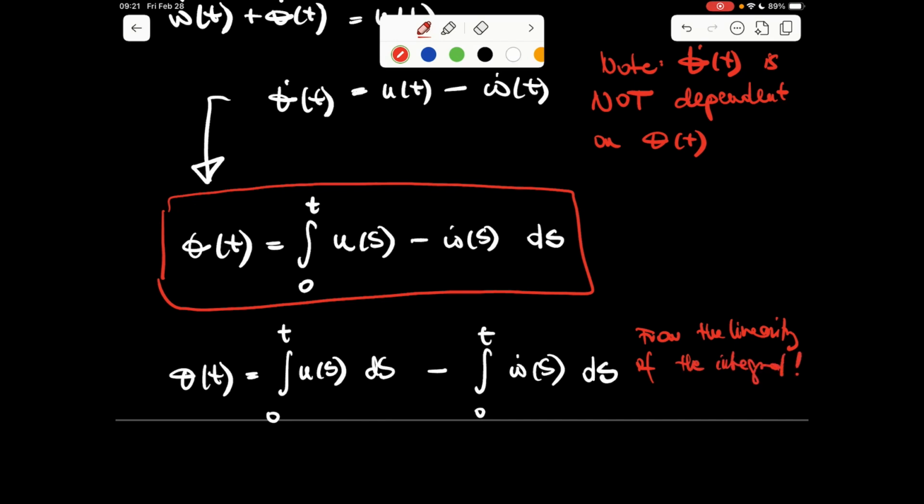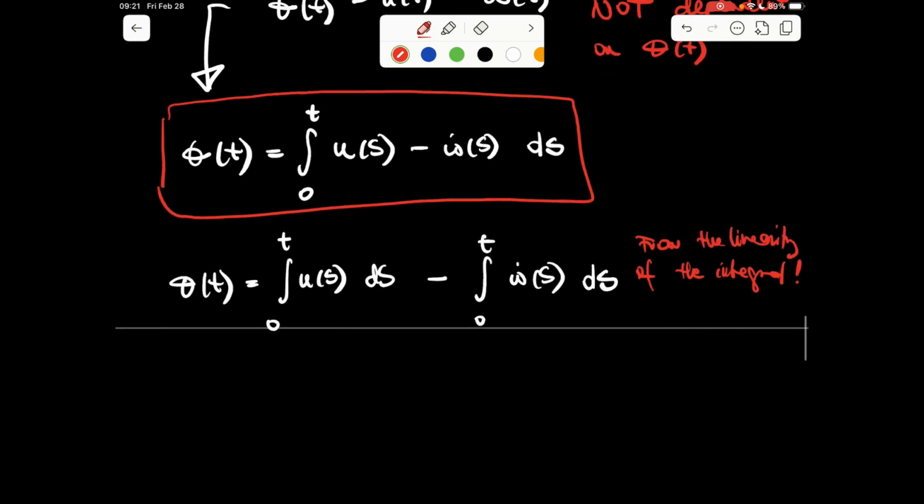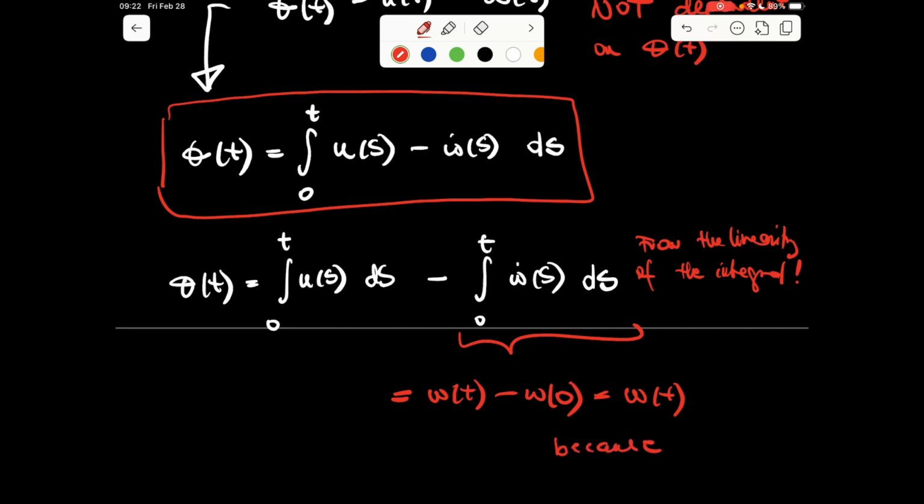Okay, and we know that by the same elementary result in calculus, it is equal to omega t minus omega 0, which is equal to omega t because omega 0 is 0.